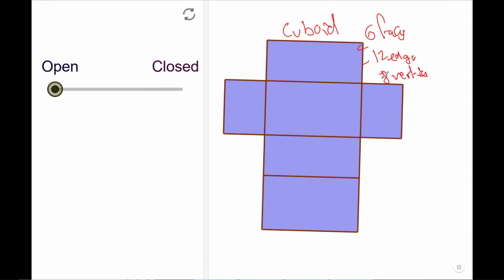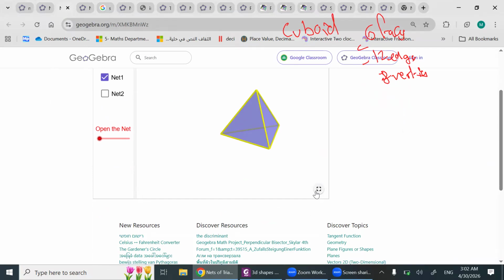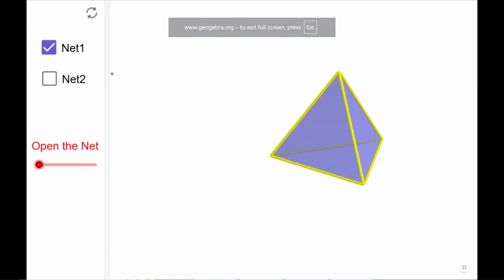Moving to the next shape, which is from the main strand of the 3D shapes, the pyramids. The pyramid is a shape that has one base and a central point in front of it.